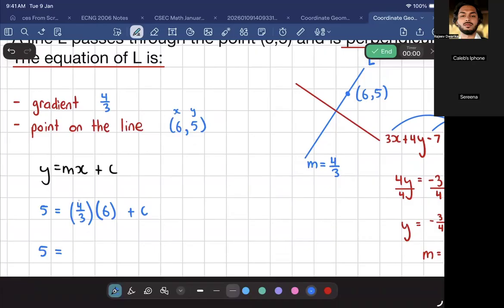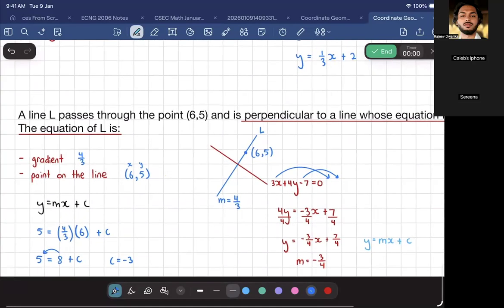So 3 into 6 is what? 3 could go into 6 how many times? 2 times 4 is 8. Yeah, 8. Then you would want to move across the 8 to leave c by itself. So you end up with what? 5 minus 8, minus 3, equals c. Exactly, c is equal to -3.